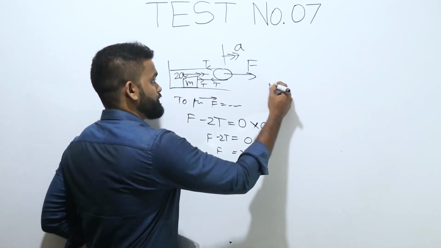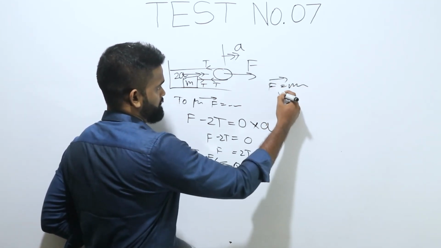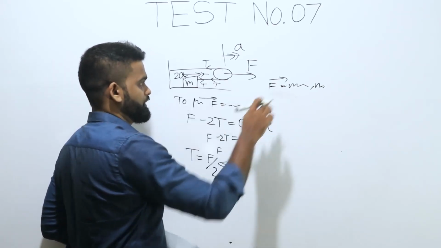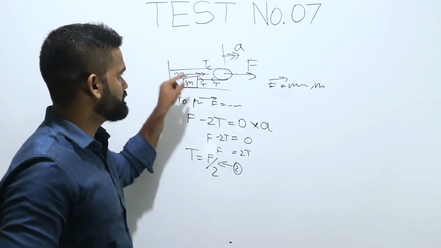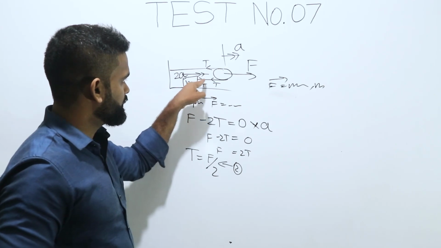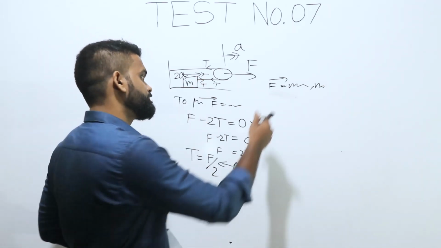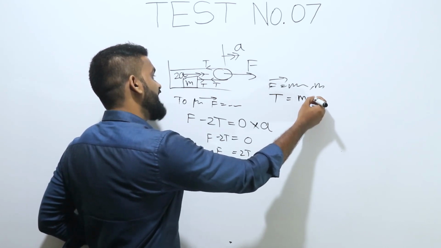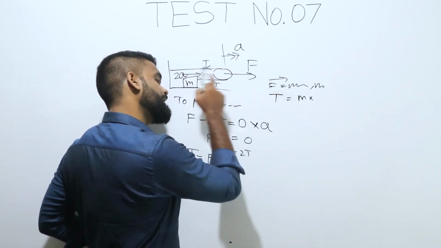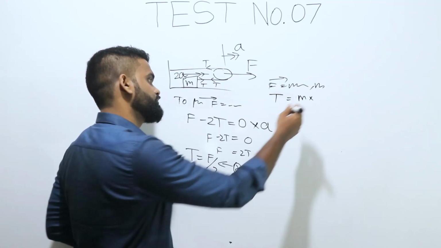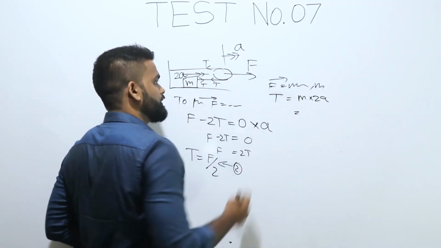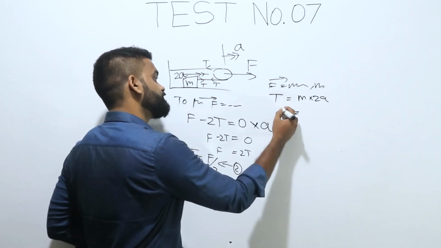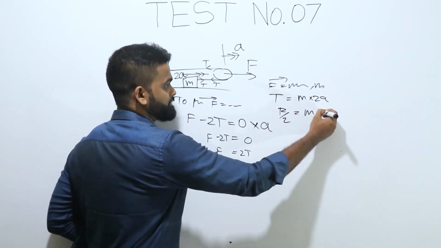Then apply equations to mass, simple m. So the force horizontally acting on simple m is only capital T, equals mass times acceleration. The acceleration here should be 2A, not A. Should be 2A. And earlier we found the tension, that is F over 2, equals m times 2A.